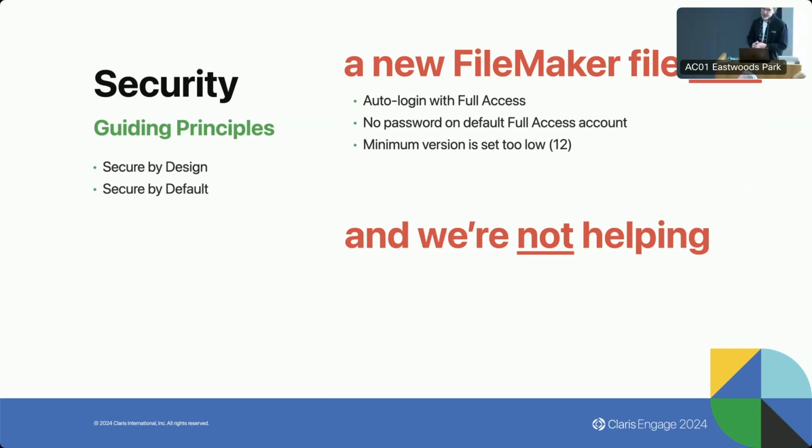And we shouldn't. The minimum version of FileMaker, for instance, is a file option setting, and it's set way too low. It's set to FileMaker version 12. We've had many bugs over the FileMaker 12 to where we are now, 20, and some of these bugs affect security.